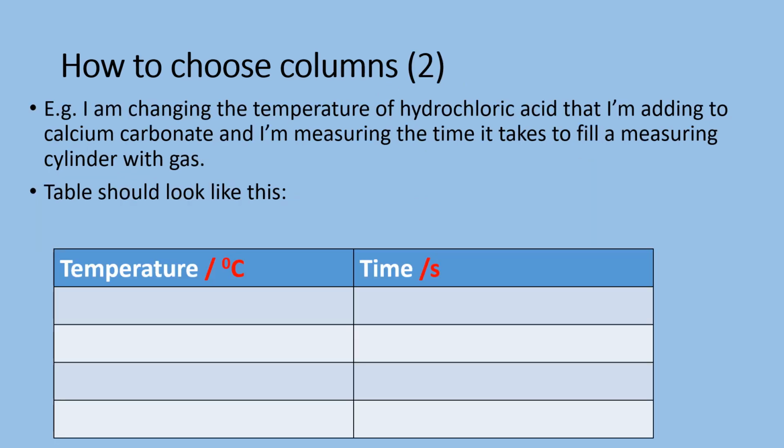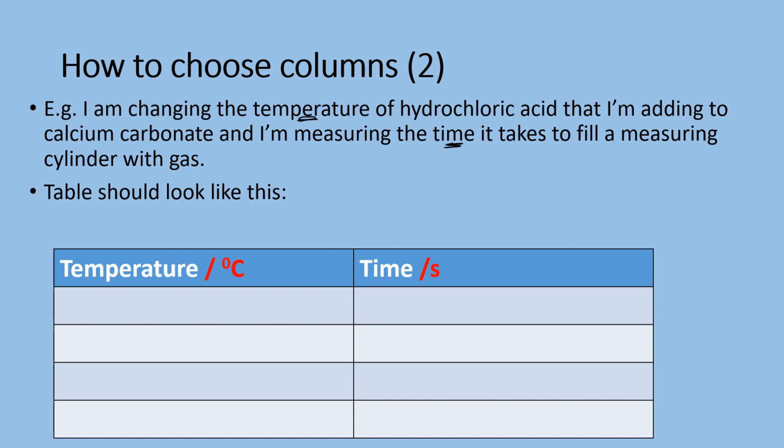So let's have a look at this example. It says I'm changing the temperature of hydrochloric acid that I'm adding to calcium carbonate, and I'm measuring the time it takes to fill the measuring cylinder. So it tells you the temperature and the time that you're looking at. Now you know temperature is measured in degrees centigrade and time in seconds.